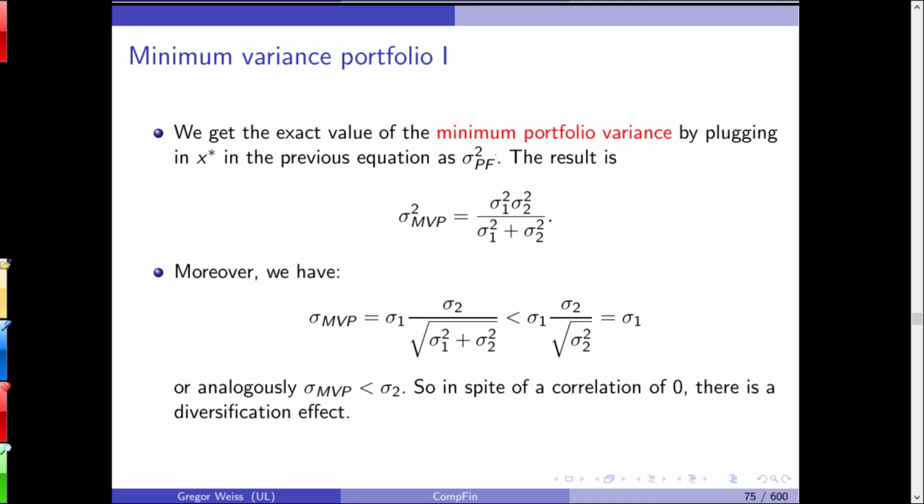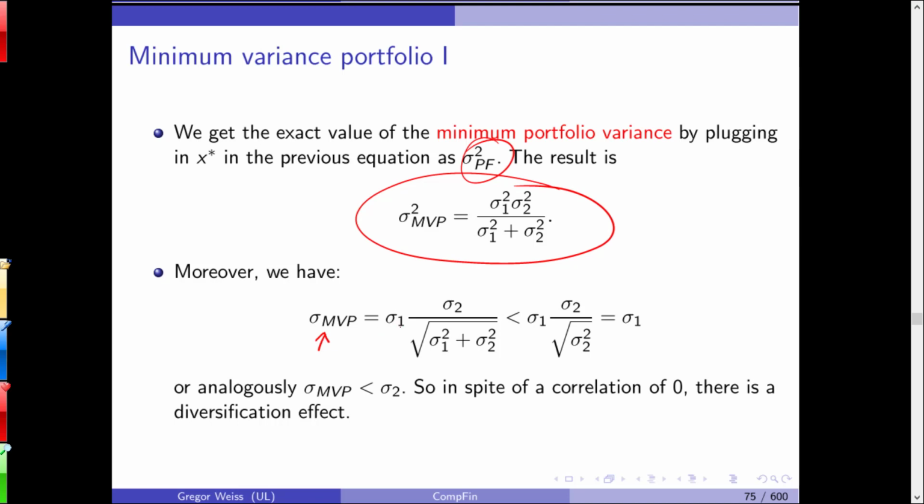So put it into the formula for the portfolio variance. You will get this, and you can also do it for the expected return. And the interesting result now is that we start with the minimum variance portfolio's volatility.